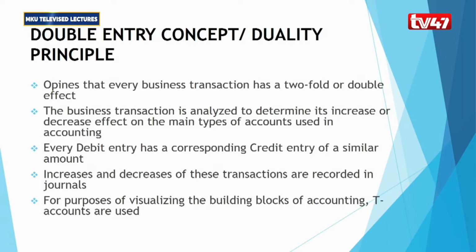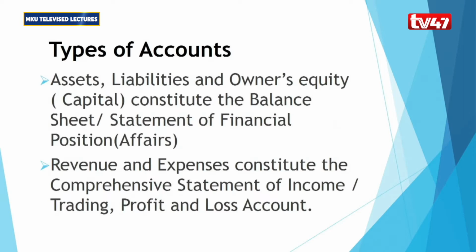And in this case, to understand the decreases and increases, we generalize these particular transactions. Generalizing will entail the use of T accounts, which now form the building blocks of accounting.